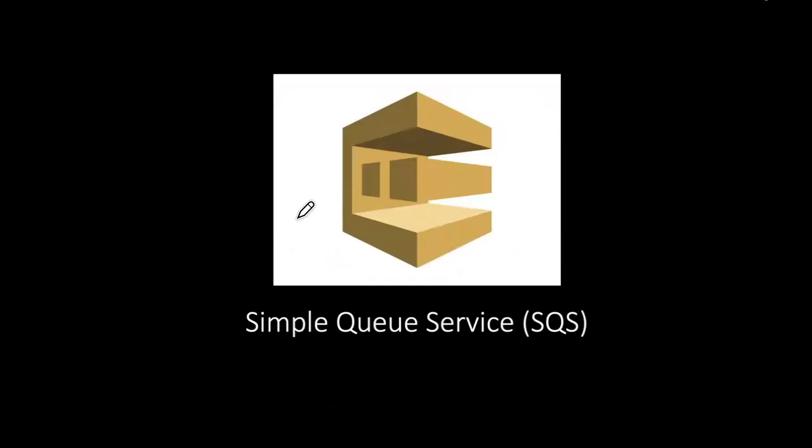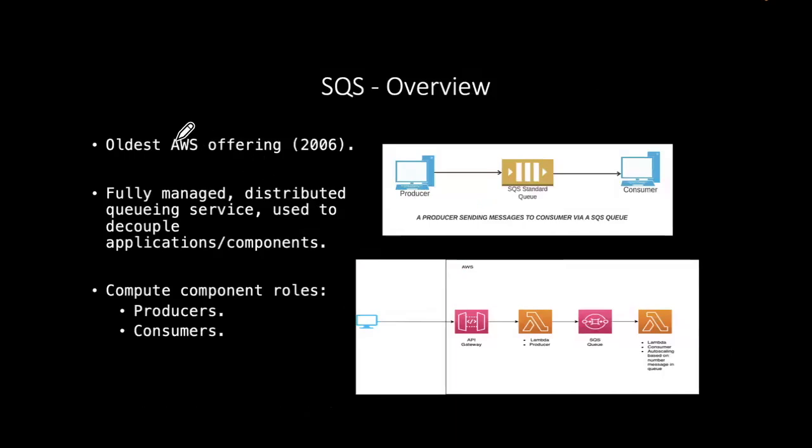And the first messaging service that we're going to look at is called SQS, or Simple Queue Service. Now, this SQS service was the very first service that AWS provided, even before EC2, certainly before Lambda. And the use case for SQS back in 2006 was to satisfy a need where customers had applications running perhaps on their own servers, or they could have been running on cloud service.